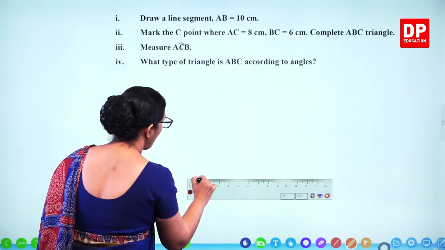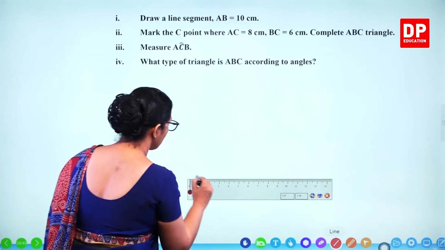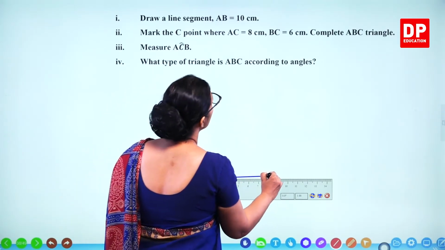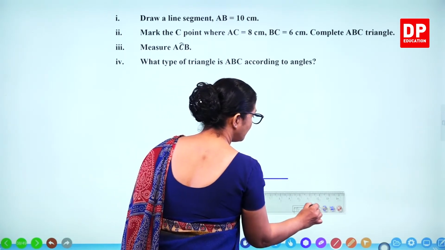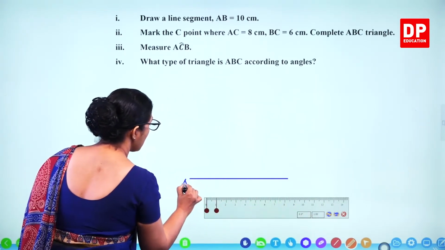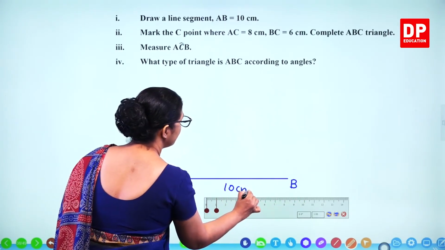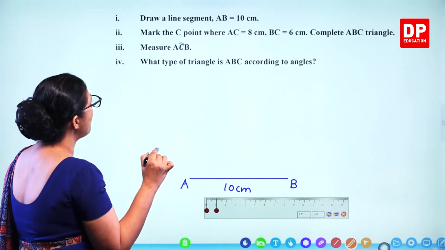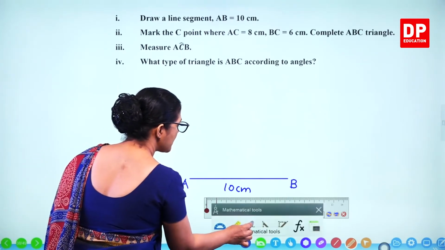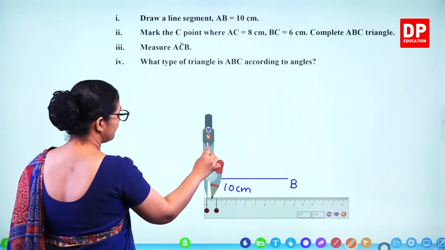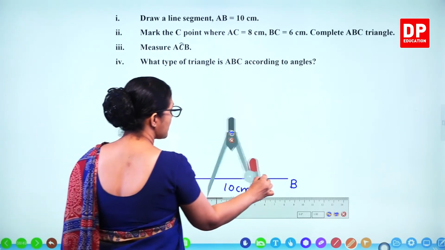So you have to use the compass to construct the triangle. That's A, B, 10 centimeters. Mark the point C where AC is 8, BC is 6. So let's take the compass, 8 centimeters.